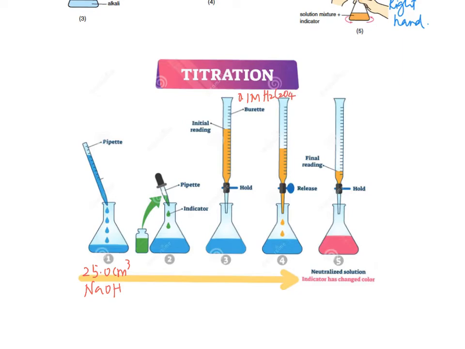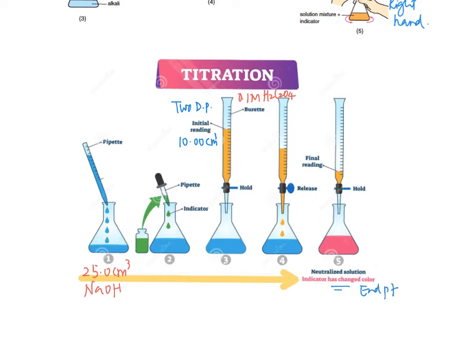And then we take the initial burette reading, for example 10.00 cm³. Now remember, the burette reading must be to 2 decimal places. We start the addition of ethane dioic acid into the sodium hydroxide until the indicator changes color. This is the end point of our titration.